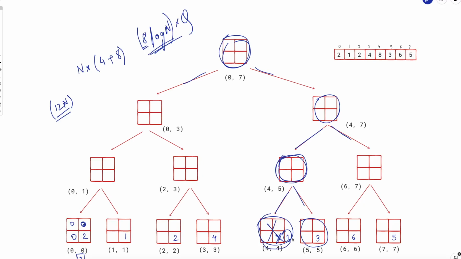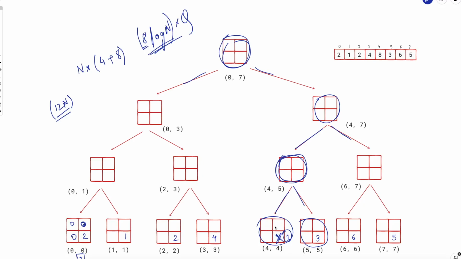So you need to merge 2 nodes, right? That's what you know. So if this node doesn't exist, or if you don't want to take 4,4, you need to return something that will neutralize, or that will not interfere with whatever value this will return, right? So that's the neutralizing value.